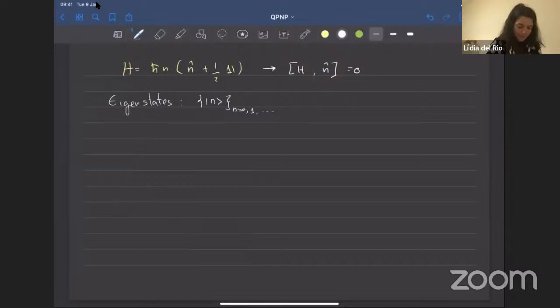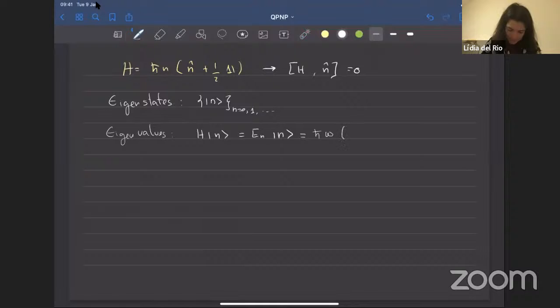So on. And the eigenvalues, let's see. Well, we say this is going to be some E_n. But what is this? So this is ħω, and now the identity on my state |n⟩.